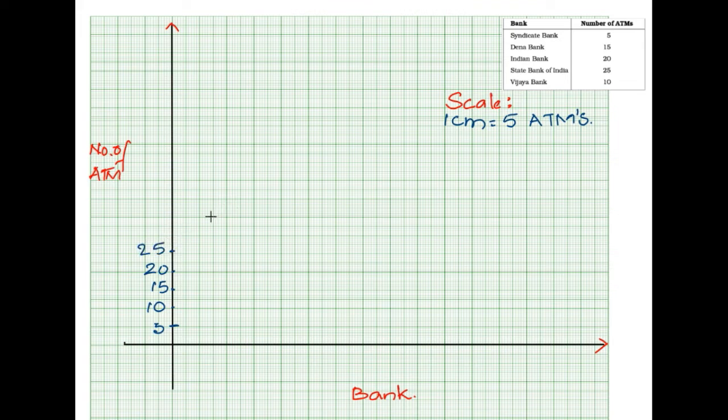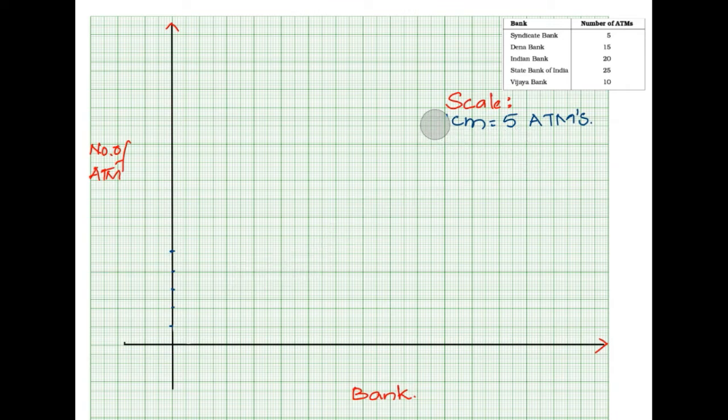This is how we can do, or else you can consider a little larger one by taking the scale as 1 centimeter equal to 2.5 ATMs, or else 2 centimeter equal to 5 ATMs.